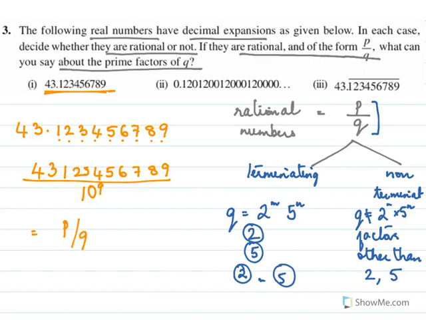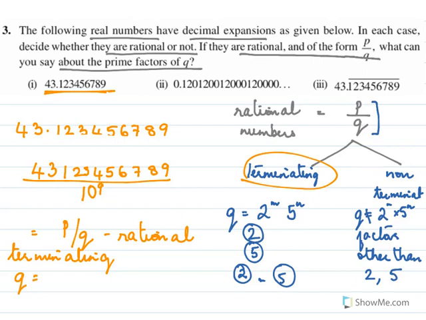So I wrote it as P over Q, and if it is P over Q, definitely it is rational. And you can see it is terminating here, there are no continuous dots. This is a terminating decimal.